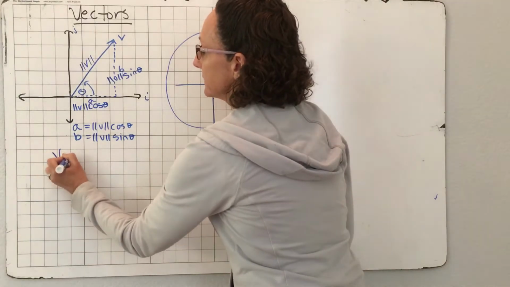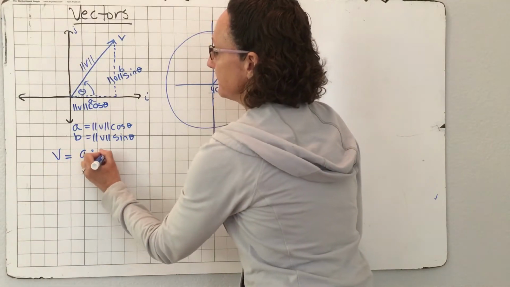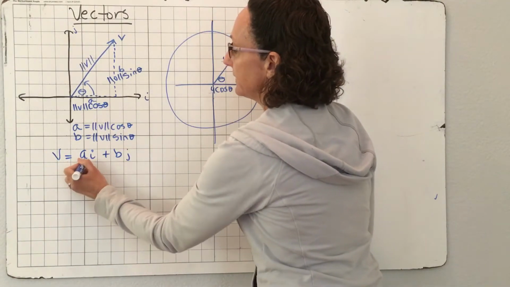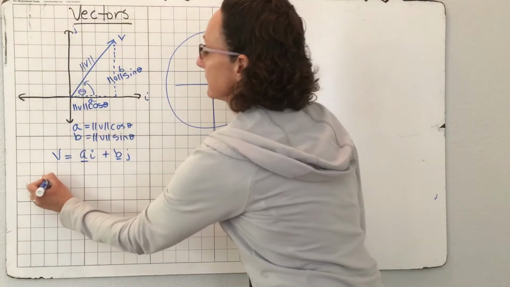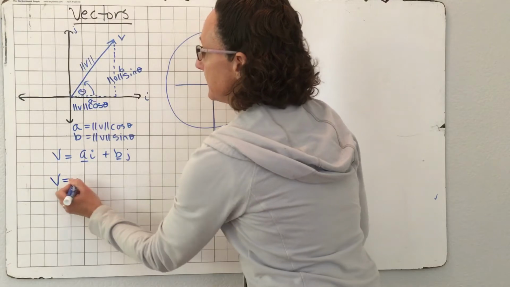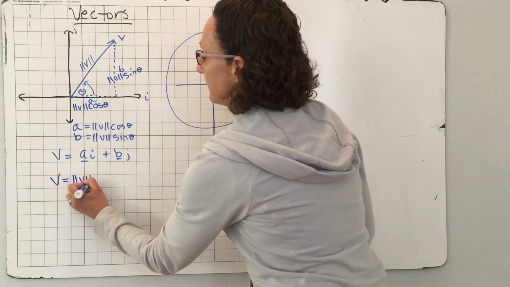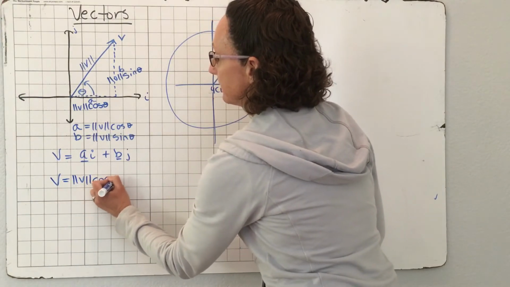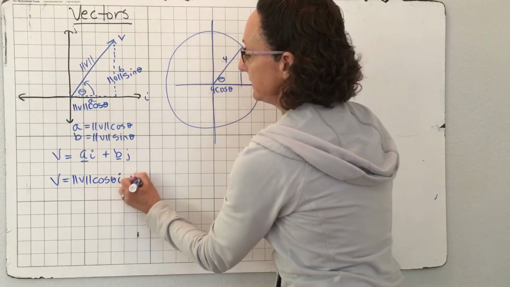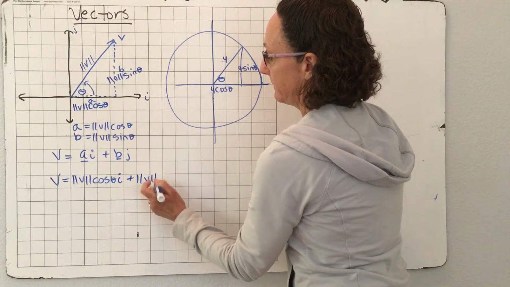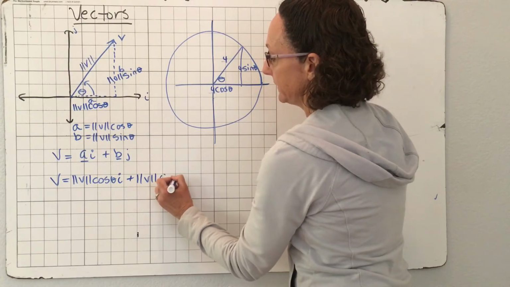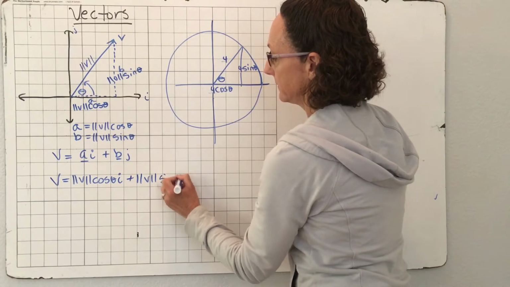When we write a vector, we write it in this form. Okay, so now I can just simply replace that A and B with what we just discovered. So when you write a vector, you're going to say it's the magnitude of the vector multiplied by the cosine of theta is the i component. The magnitude of the vector multiplied by the sine of the angle is the j component. Okay.